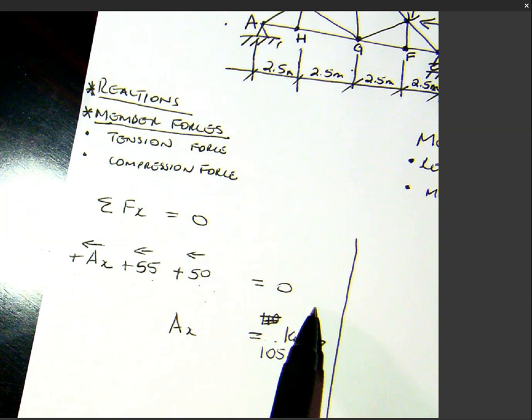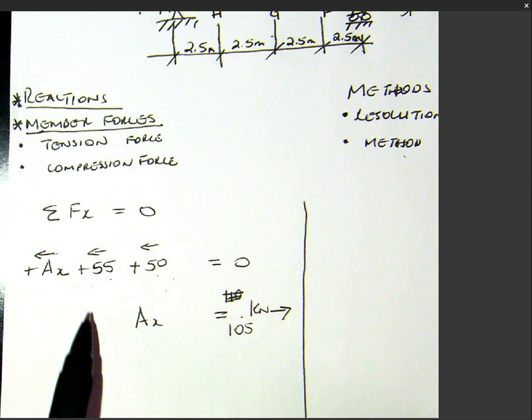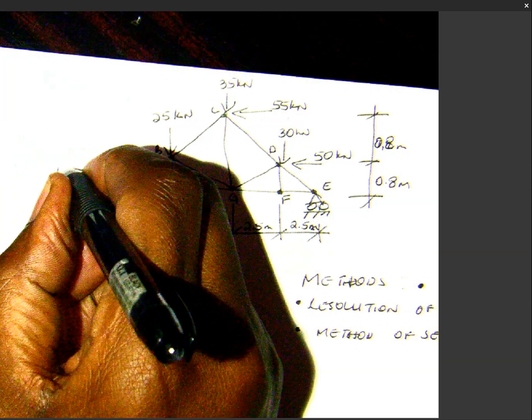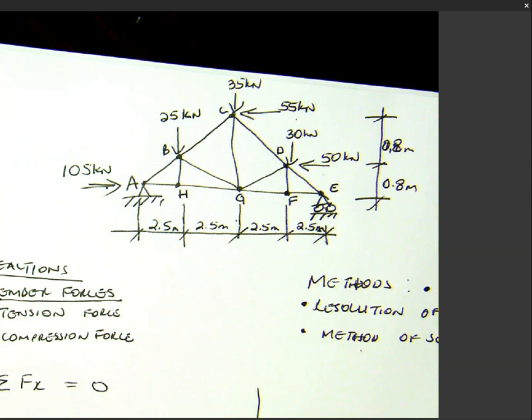What is the negative sign telling you? It's telling you that the direction you assumed is wrong, and the right direction is the other one. So I've got my AX, which is 105 kilonewtons. That's my reaction there. I hope you're getting this right.